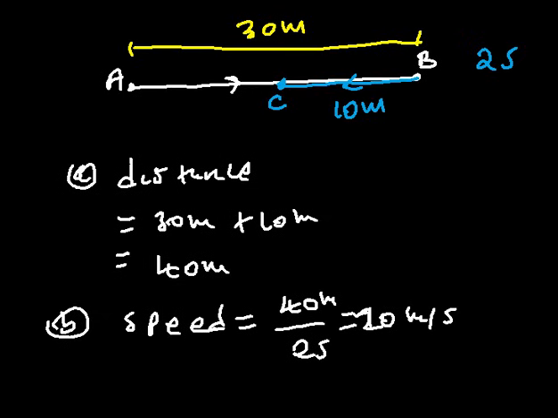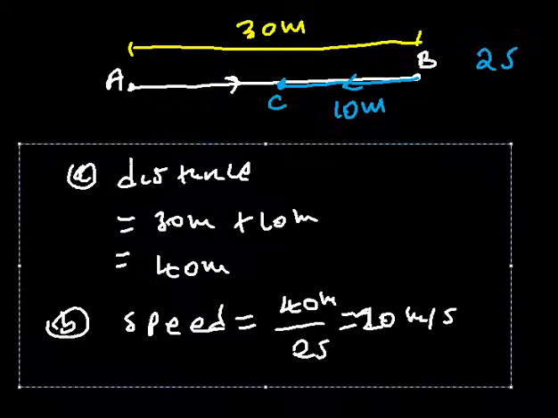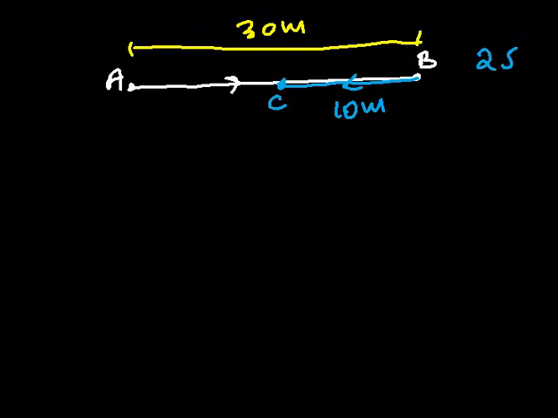And what can you say about the displacement? For displacement, we just focus on the initial position and the final position. What is the difference between the two points? That is what you get as the displacement.